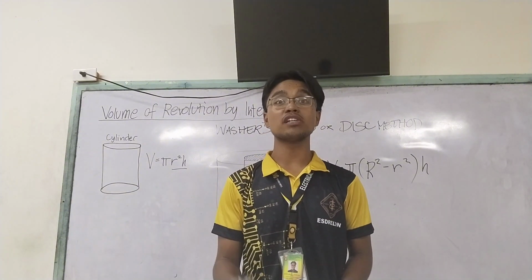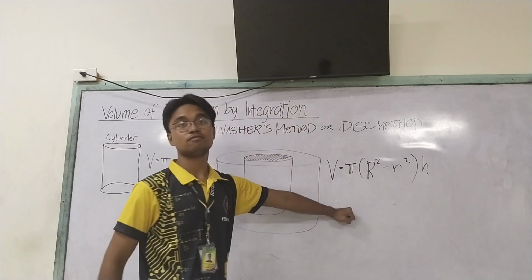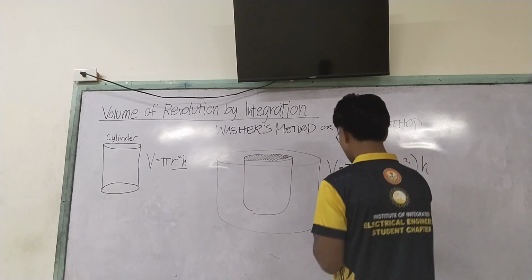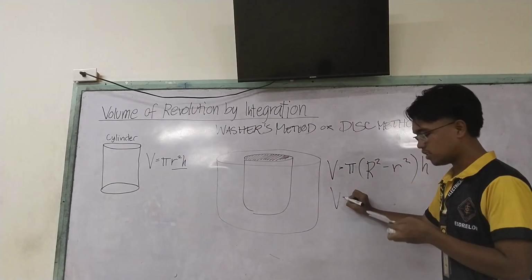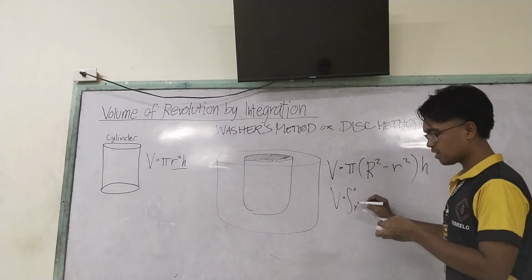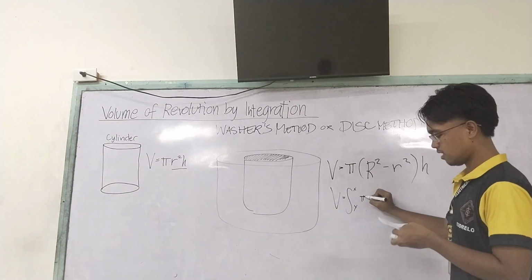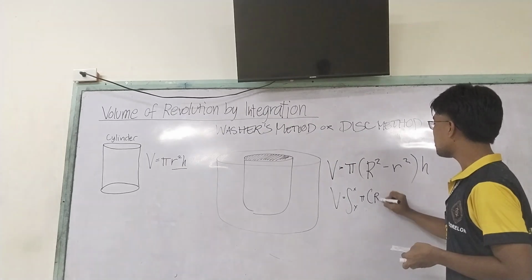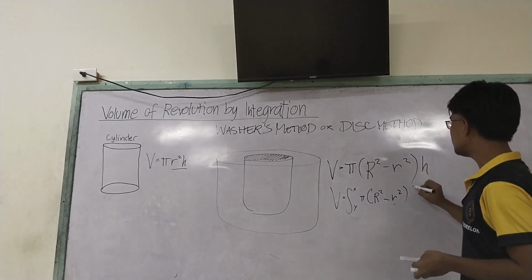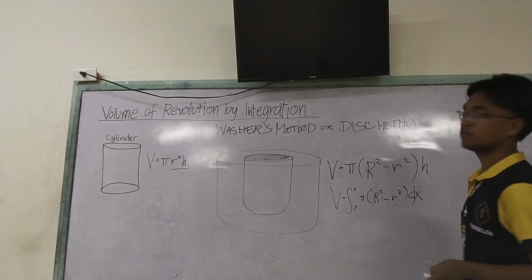And since we are still in the concept of integration, the integral of this formula is volume equals the integral from the lower limit to the upper limit of pi times big R squared minus small r squared, dx.